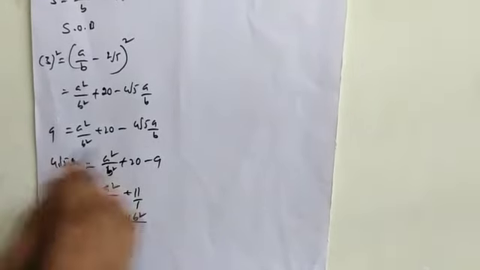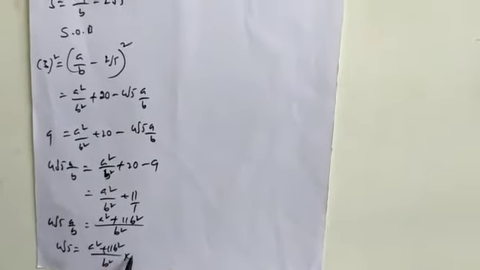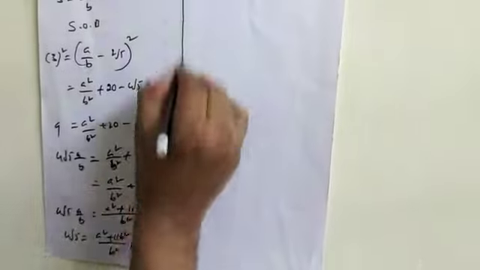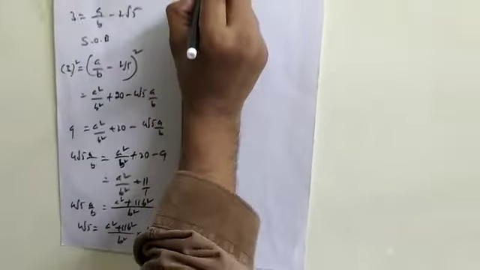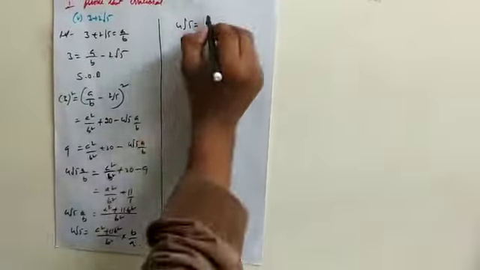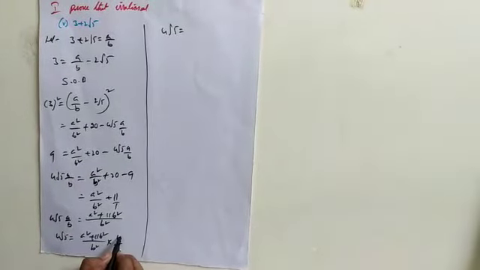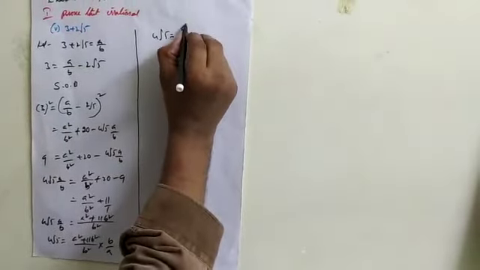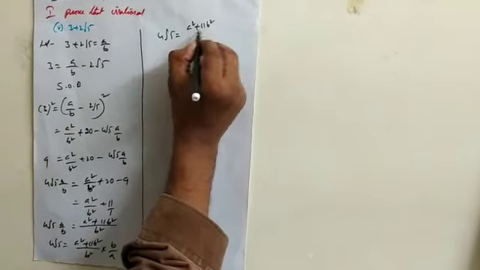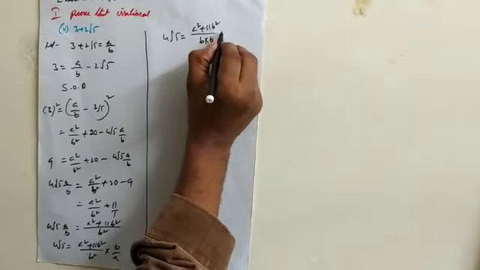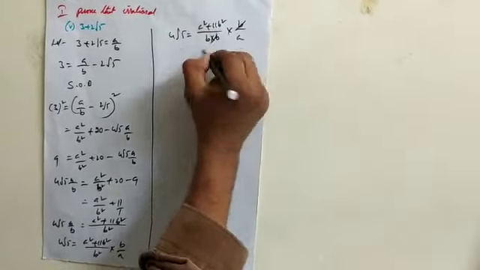The a by b transfers to the right side, and the fraction becomes its reciprocal, b by a. So 4 root 5 is equal to a square plus 11b square divided by b square, into b by a. b gets cancelled.